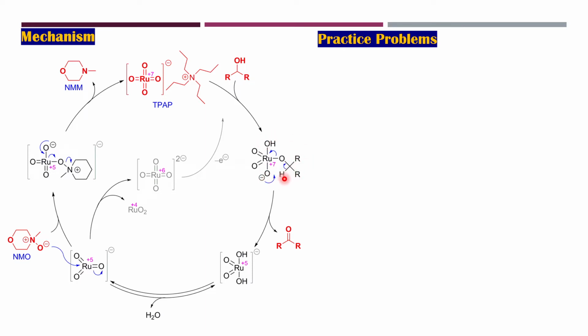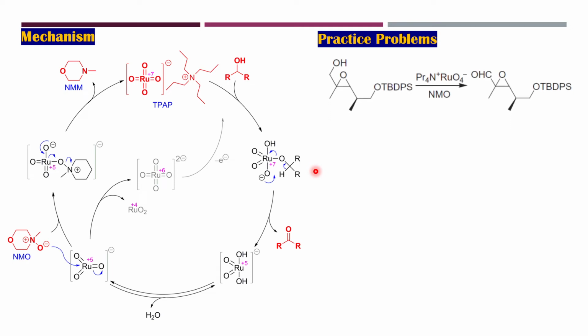Hydrogen is being removed from here by this oxygen, and then it cleaves away to form the ketone. Ruthenium goes to the +5 state, leaving away water. Again, that reacts with the co-oxidant to reoxidize itself to form the TPAP. So this is the role of the co-oxidant: to regenerate the catalyst.